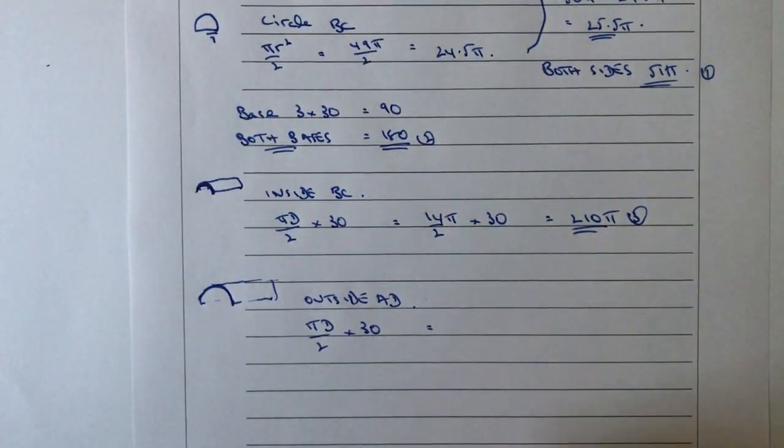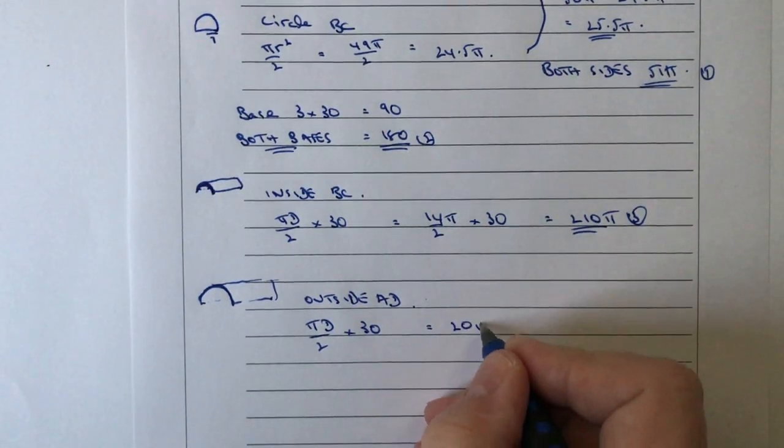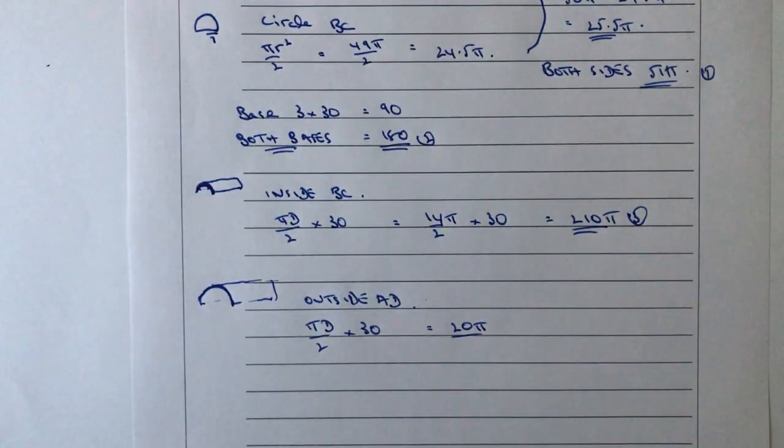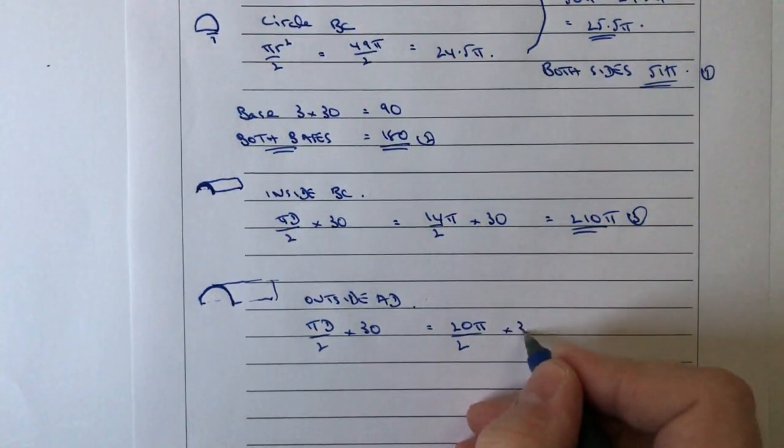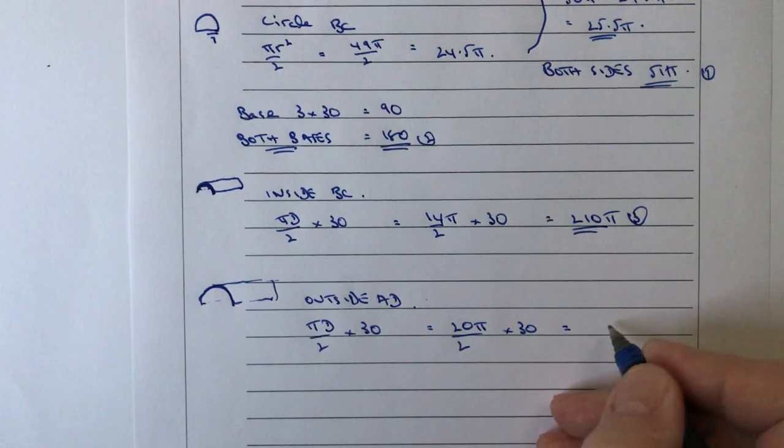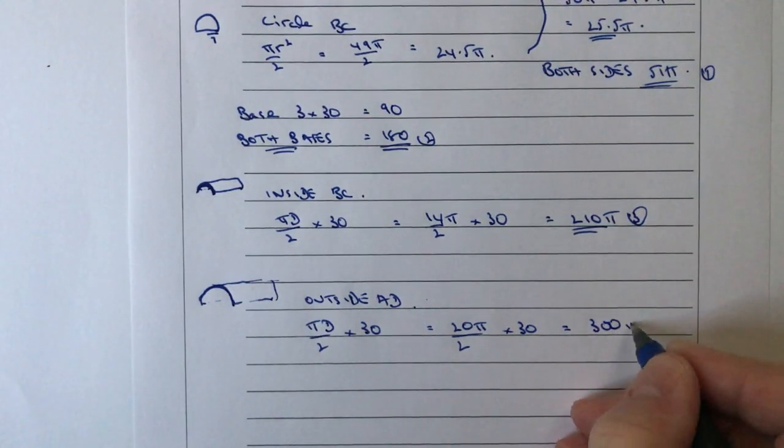So remember, the radius is 10, so therefore the diameter is going to be 20, divided by 2 times 30, multiply that through, and you're going to get 300 pi.